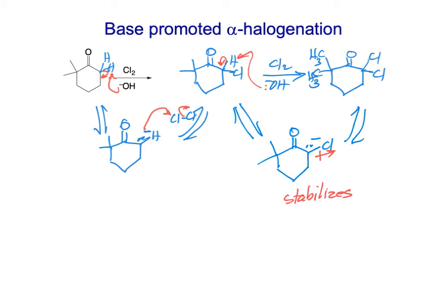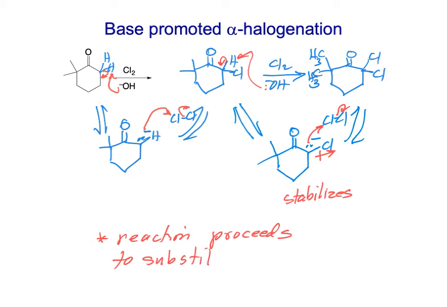Chlorine can then react with this new enolate to form a dichloro product. So, under basic conditions, the reaction proceeds to substitute all alpha hydrogens for chlorine in this case.